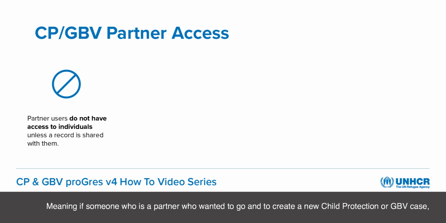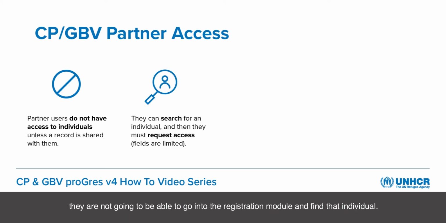Meaning, if someone who is a partner wanted to go and to create a new child protection or GBV case, they are not going to be able to go into the registration module and find that individual. They would have to tell you who the individual is they want to create a case for, and then that individual's record has to be shared with the partner first, and then they can go ahead and create the file.